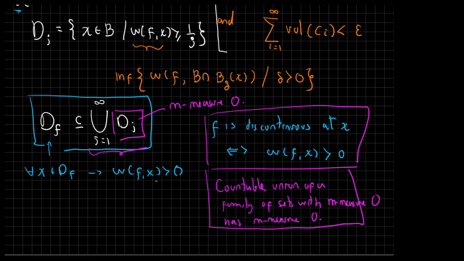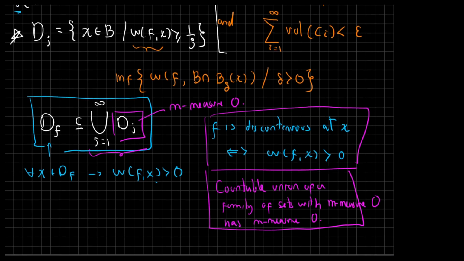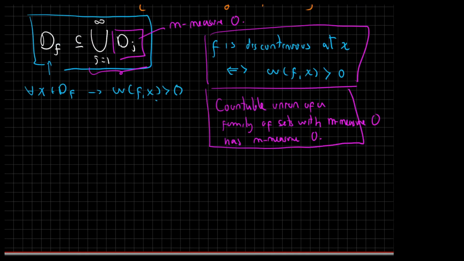So this is a countable union. Then if we prove that each set D of j has measure 0, then the whole union will also have measure 0. So we will work on these sets. The problem is translated into proving that each of these sets has measure 0.